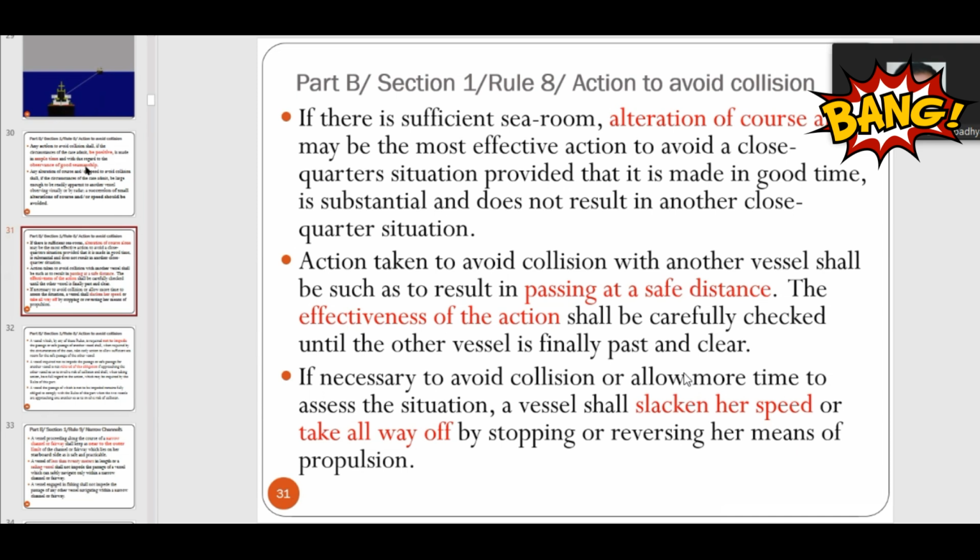whether visually or by radar. Visually also depends on the weather condition. But in that case, you use radar when the weather condition is bad and visibility is poor.